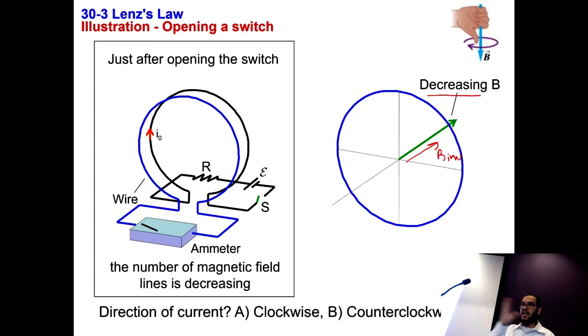It's not opposing the direction of the B field, it's opposing the change. Remember, it's opposing the change, not opposing the direction. Here, for example, you can see that the induced magnetic field is in the same direction as the existing magnetic field. The reason is because this is decreasing, it does not like the change, so it will oppose that. It will try to keep it. So this is Lenz's law.